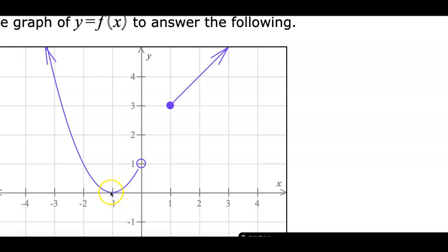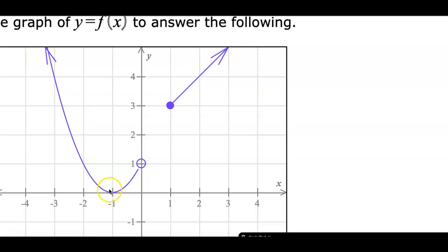So from 0, I think I may have said 1, I'm sorry. From 0, the y value of 0, the graph can go up forever. And because this piece that is a half of the parabola that's going up to the left is a complete line going up, we don't really care what's going on to the right side of it, because this left piece of the parabola covers it all.